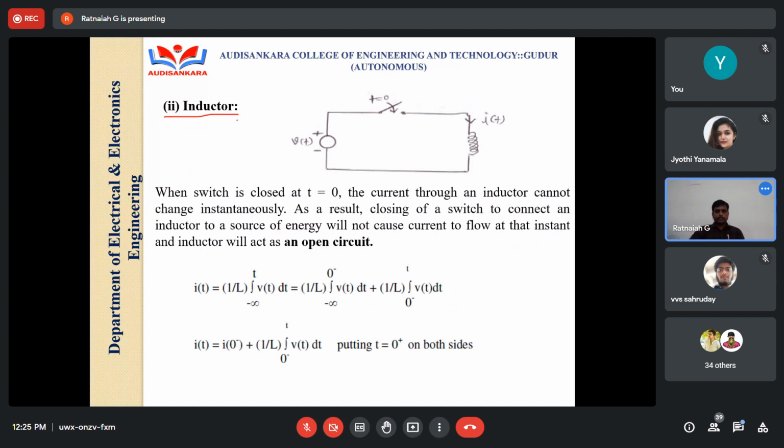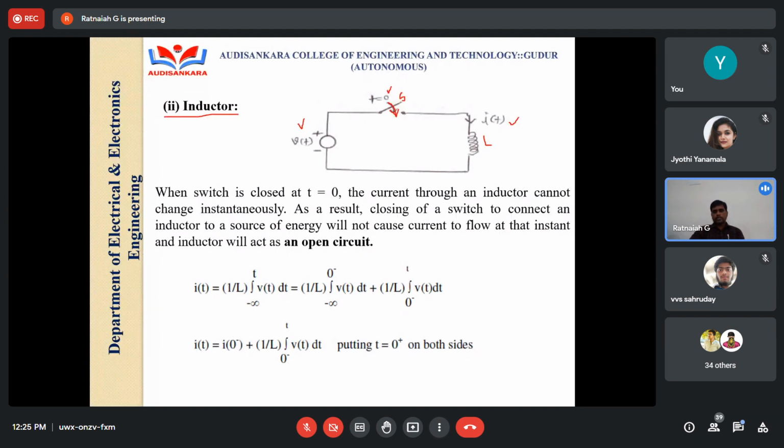Coming to the inductor. Again, I am going to take voltage v(t) with the switch. Current through the inductor is i(t), and the inductor value I am going to take as L. Here we have one switch, and we have t equal to 0, and the arrow mark shows that the switch is closing at the t equal to 0 instant.